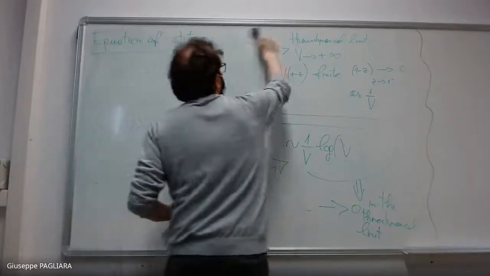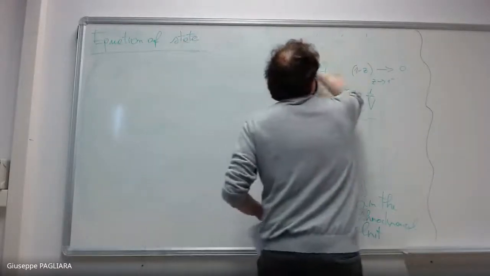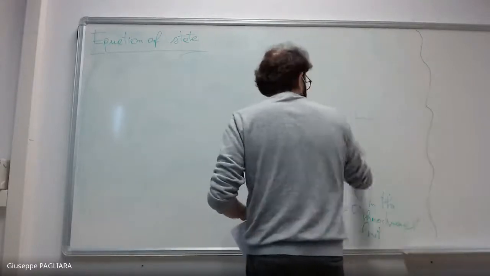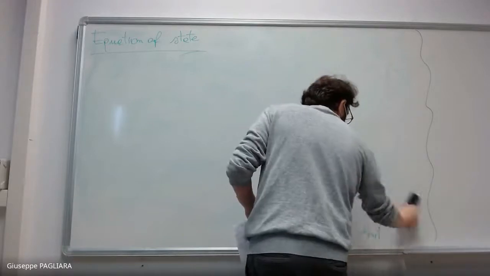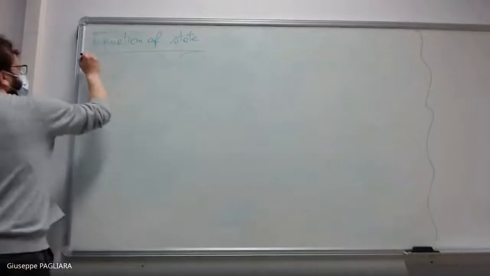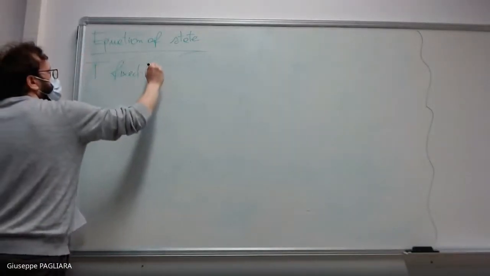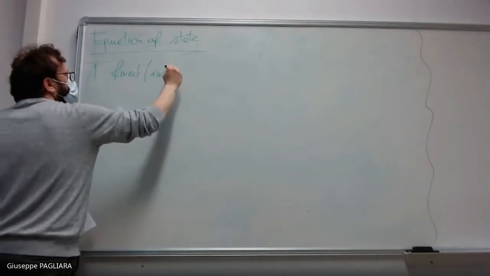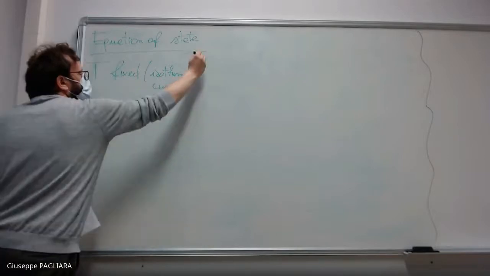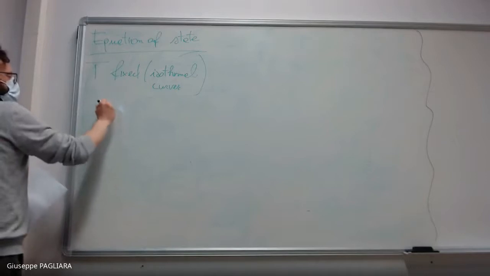Suppose that we want to make a plot of the isotherms in the situation in which we can have a BEC. So let's work at fixed T. And let's consider this situation.